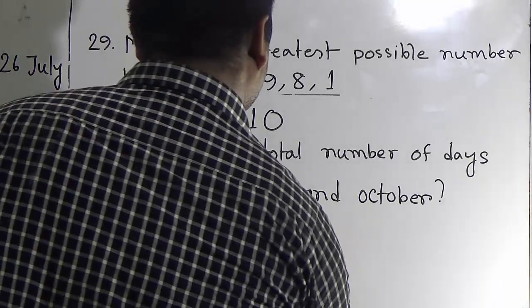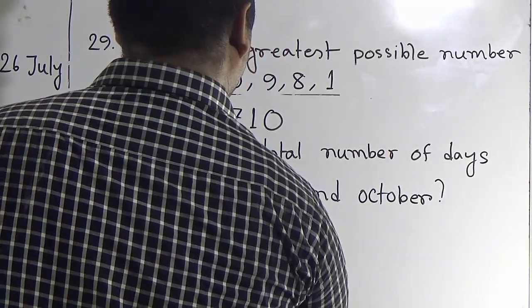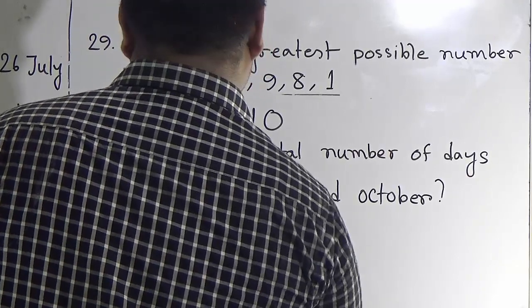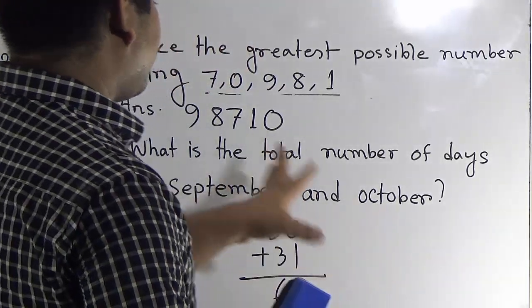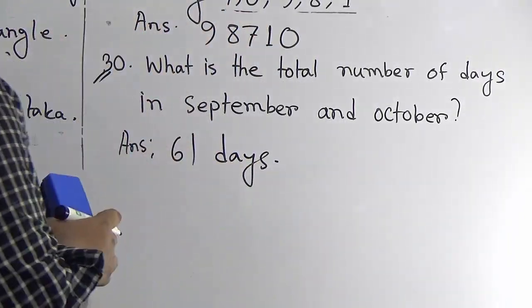So we add this 30 with this 31 and we get the answer. If we add 0 with 1, then we get 1, and if we add 3 with 3, then we get 6. So in September and October the total number of days is 61. So the answer is 61 days.